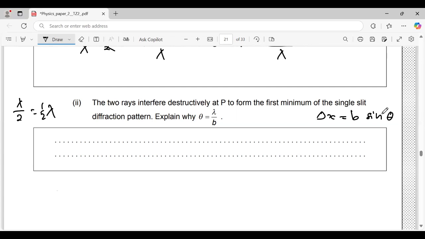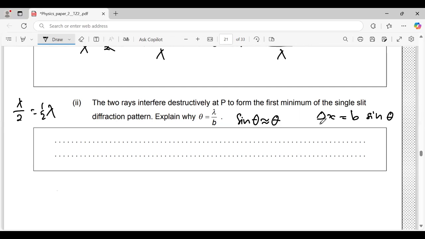For small angles, according to the previous information, sine theta is equivalent to theta.